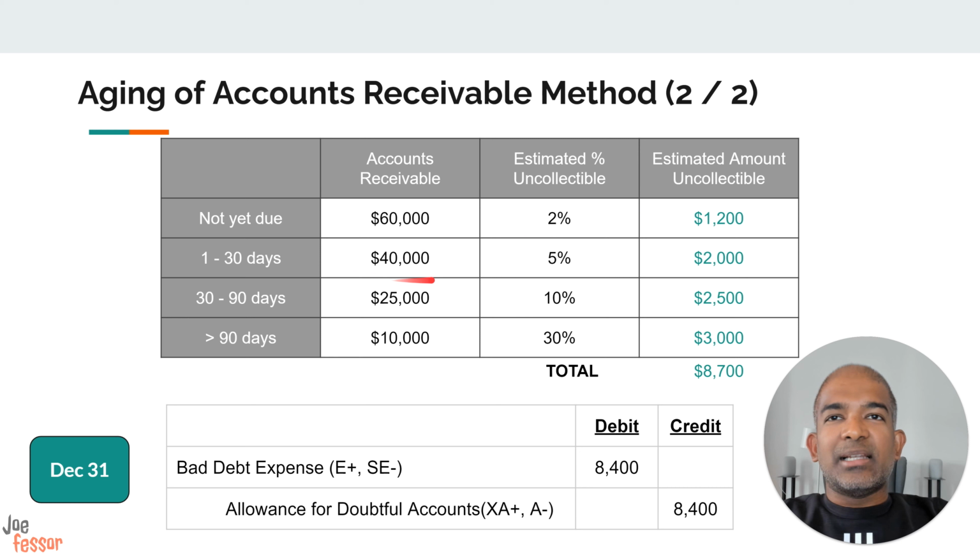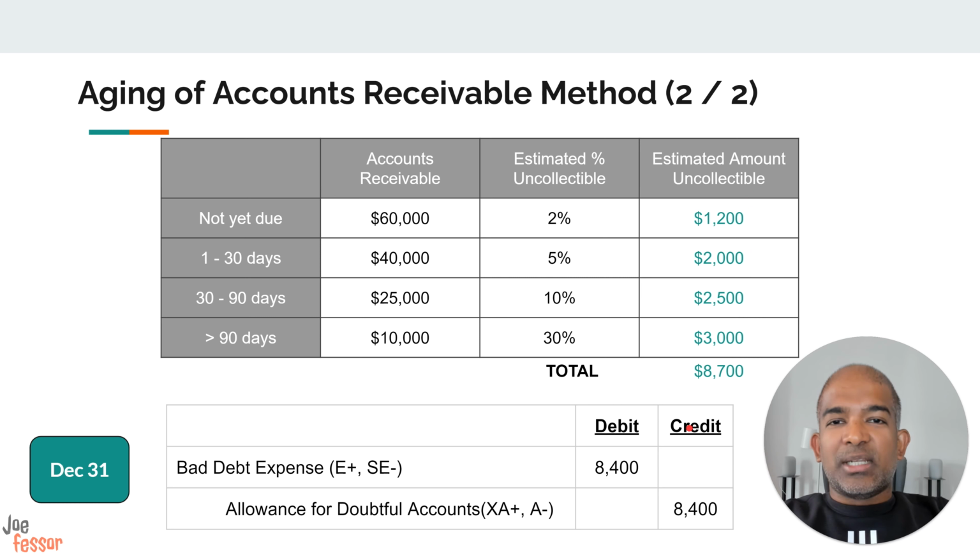In the next category, for 40,000, he estimates 5% is uncollectible. So that's $2,000. In the next category, 10% of 25,000 is $2,500. And 30% of $10,000 is $3,000. So in total, he estimates $8,700 to be uncollectible.